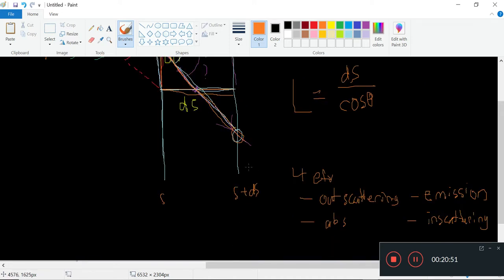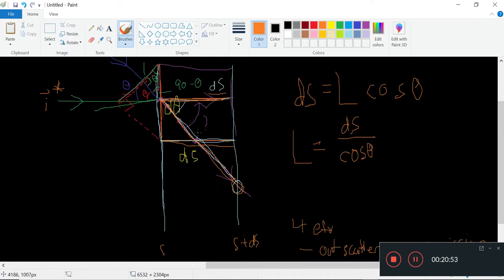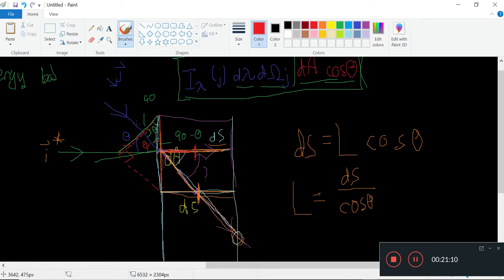Alright. So if we stop considering the ray here, then if the ray is coming from here to here, there'll be outscattering, absorption, and inscattering, because the ray is getting scattered in from here to here to change direction.